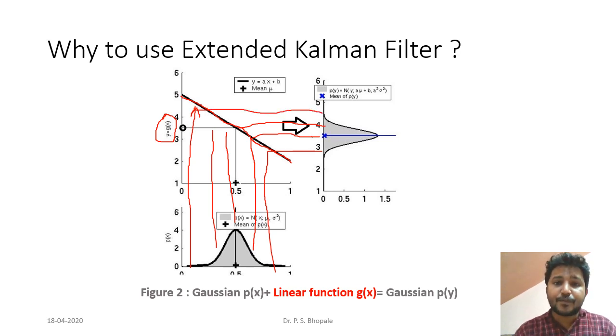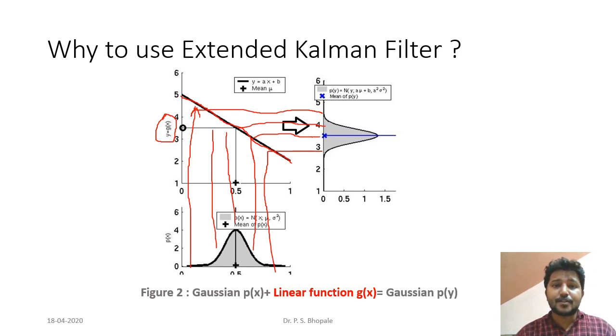So when input x has a Gaussian covariance, and it is transferred through the linear function y is equal to g of x, then the output y will have a covariance which is again Gaussian.